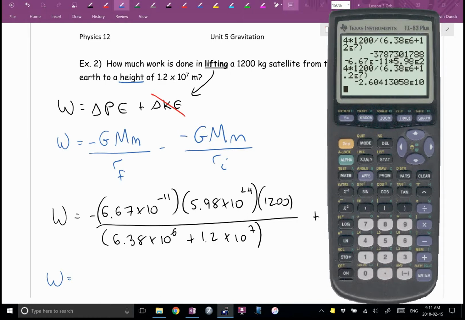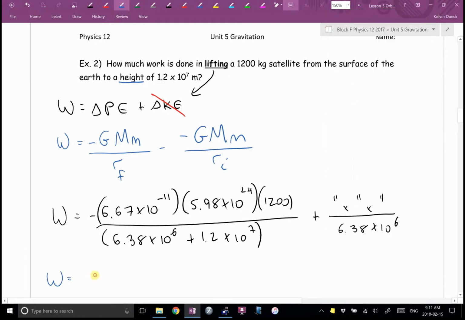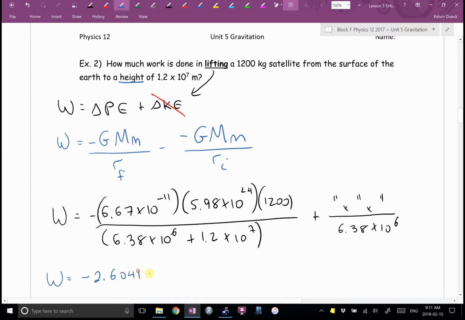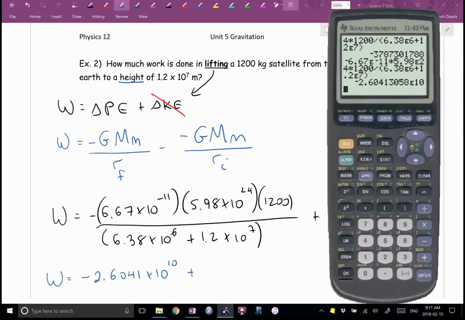Okay. You're going to find more often than not, if I'm giving you good numbers, your energies will be in the 10 to the 9th, 10 to the 10th, occasionally 10 to the 11th range. So I'm going to go negative 2.6041. That's 5 sig figs times 10 to the 10th. Plus. Bring the previous calculation back.